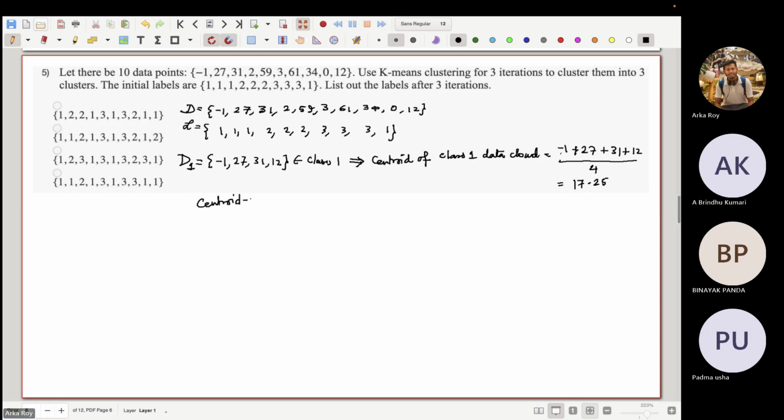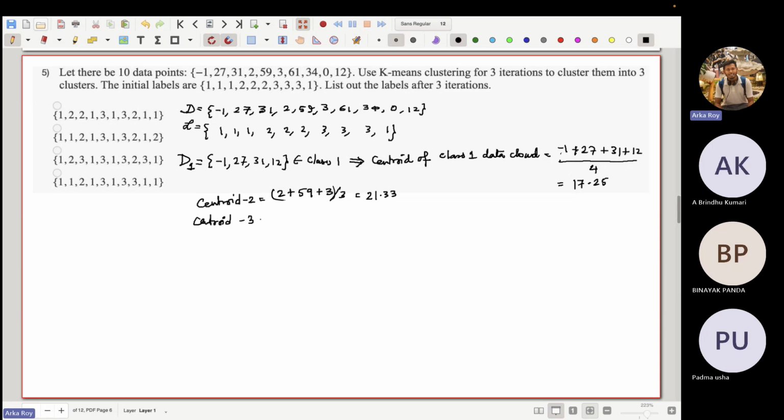Similarly, the centroid for the class 2 data is, now I am not illustrating this again and again. This was for the first set, for intuition. Now I will directly write the value. 2 plus 59 plus 3 divided by 3. If you solve this, it comes to 21.33.